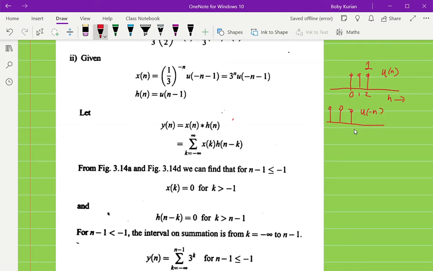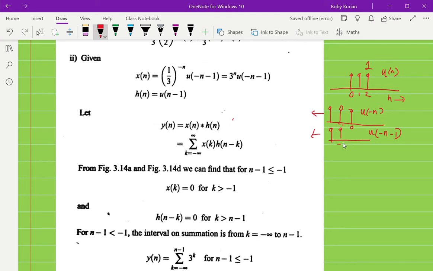Now u of minus n minus 1. After time reversing, we have to shift in the left direction. So you can see this is 1, this is minus 1. So u of minus n is shifted by 1 location.